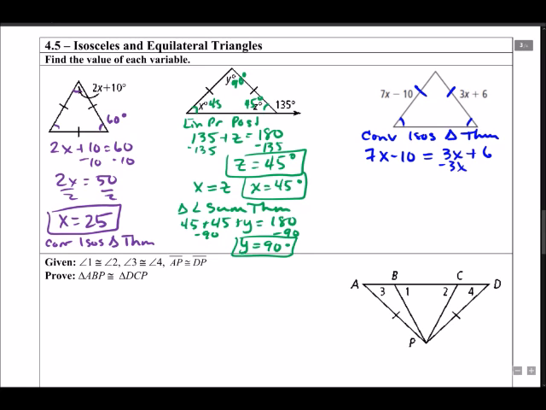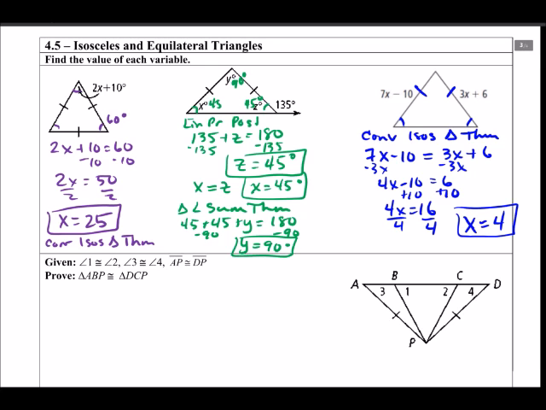So minus 3x, 4x minus 10 equals 6. Add 10. Both sides, 4x equals 16. Divide by 4, and x equals 4, and that's all we were asked to do. We weren't asked to find angle measures or anything. We could easily plug them back in.